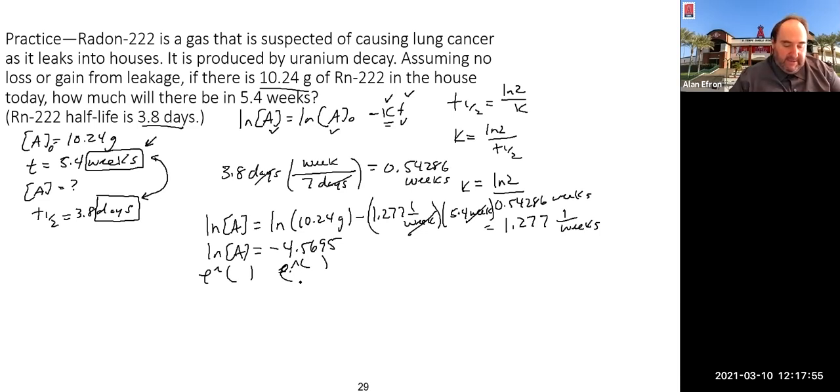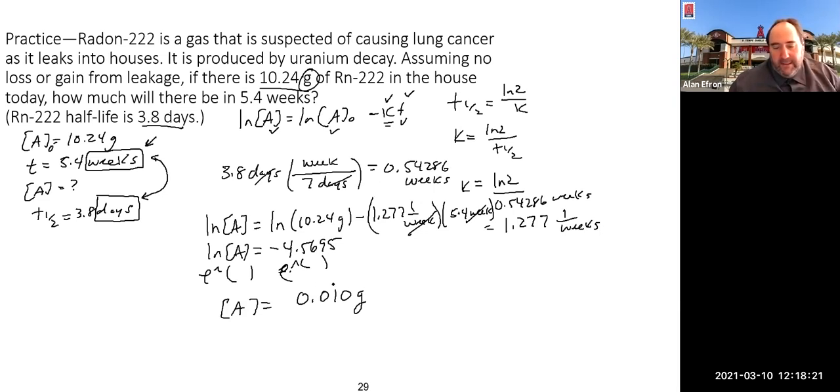And that's going to give us basically an A that is equal to 0.01, we'll call it, and that would be in grams. So we'll go with grams in this particular case as well. Any questions on that one?